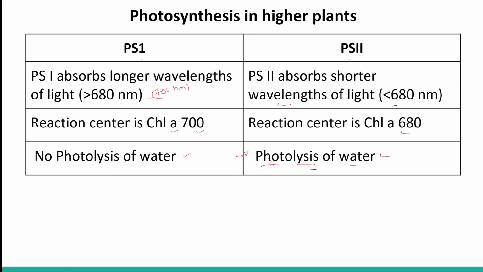In photosystem 2, this splitting of water takes place, and it results in oxygen evolution. So we can also say that oxygen evolution takes place at photosystem 2, and no oxygen evolution takes place at photosystem 1. This is very important.